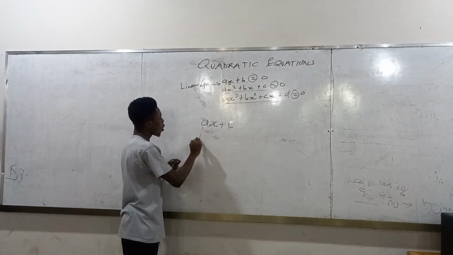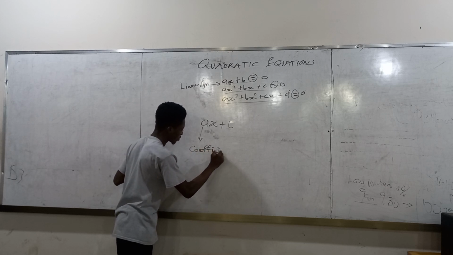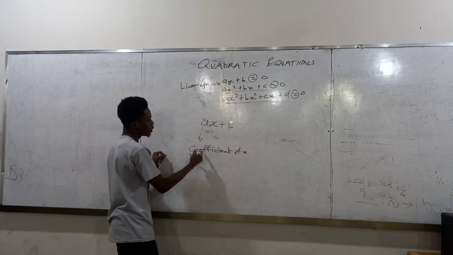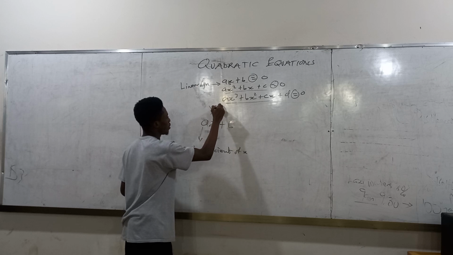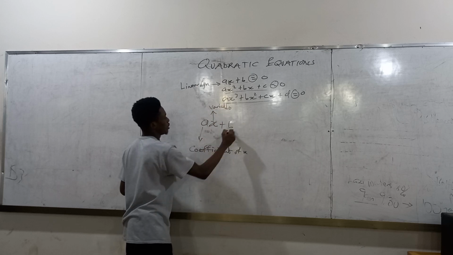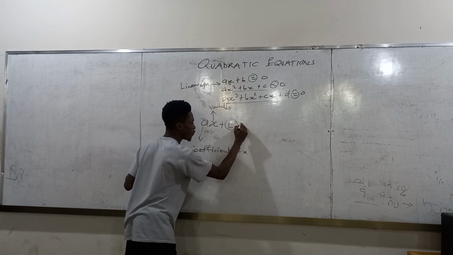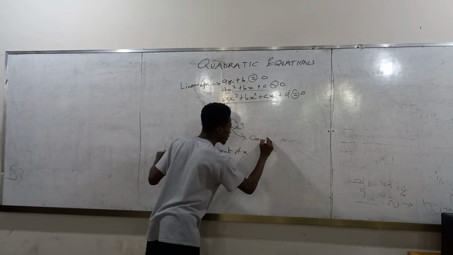A is called a coefficient of x. That's the coefficient of the variable, and the x is the variable. B has no variable, it is devoid of a variable. So B is called a constant number.